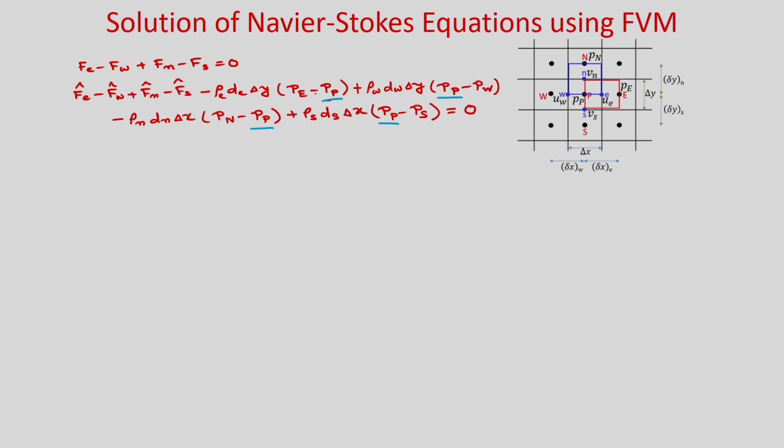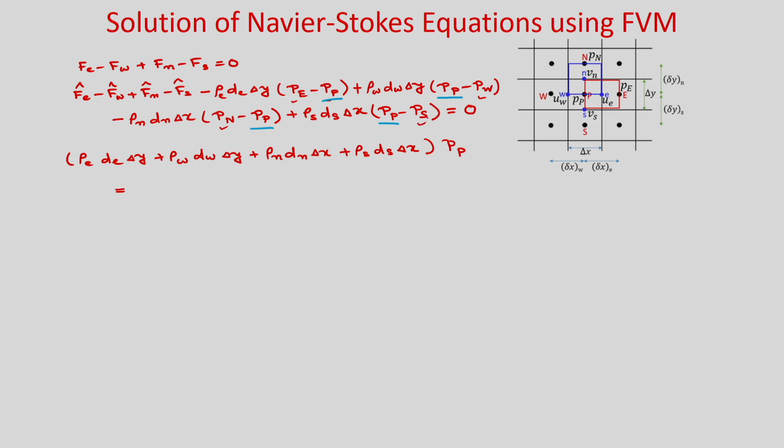So, it is minus minus plus, so it will be rho e dE delta y, then this plus rho w dw delta y, minus minus plus, so it will be rho n dn delta x and this is your plus rho s ds delta x. Okay. So, this is the coefficient of Pp.